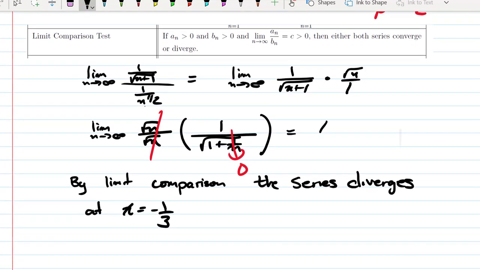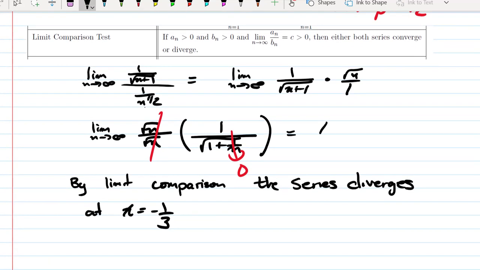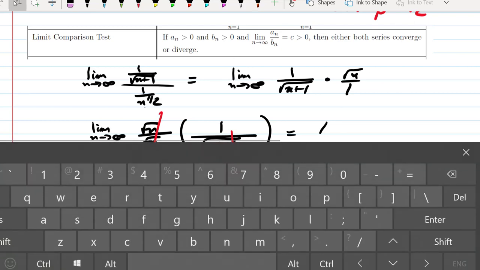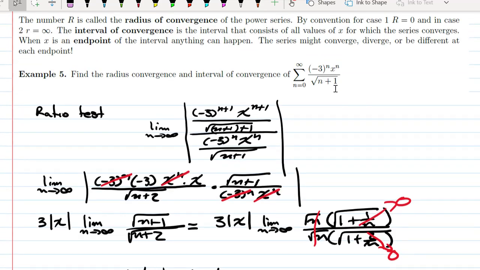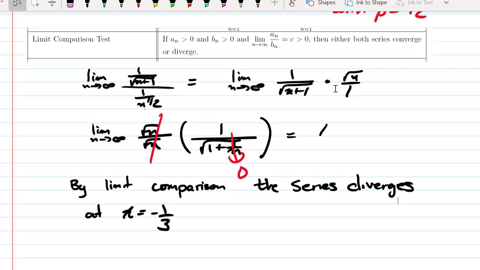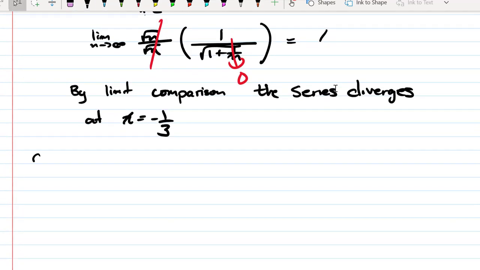So since we compared with a divergent p-series, the original series must have also diverged. All right, so that was one endpoint, and now we need to check the other endpoint. So we need to check x equals positive 1/3 this time.